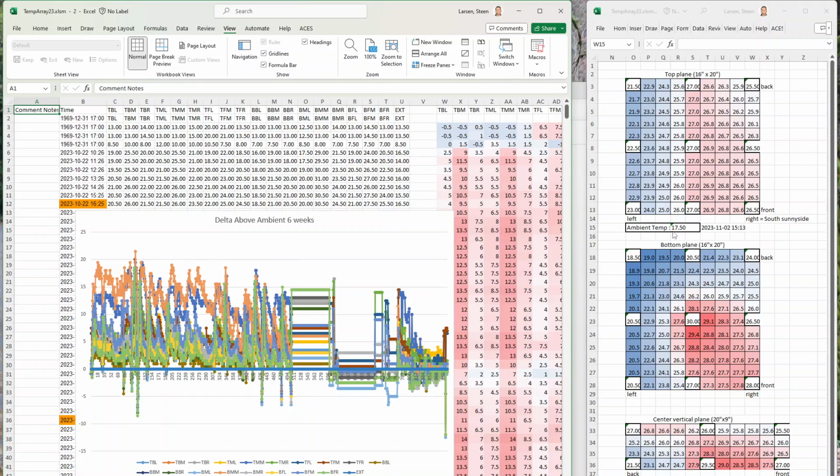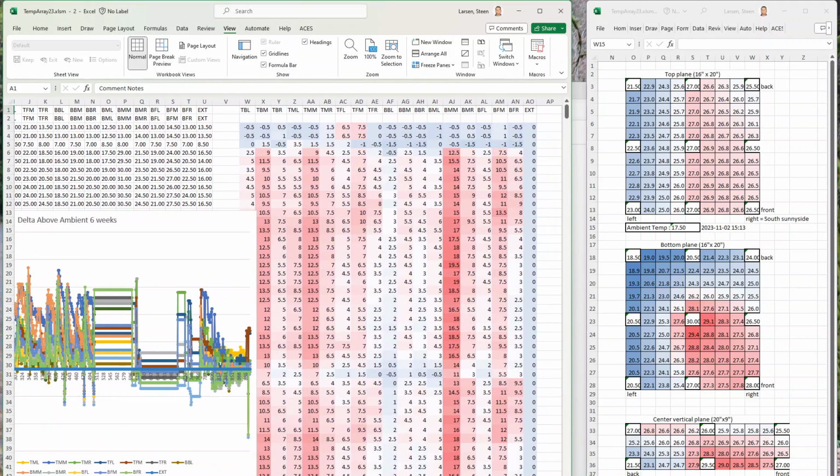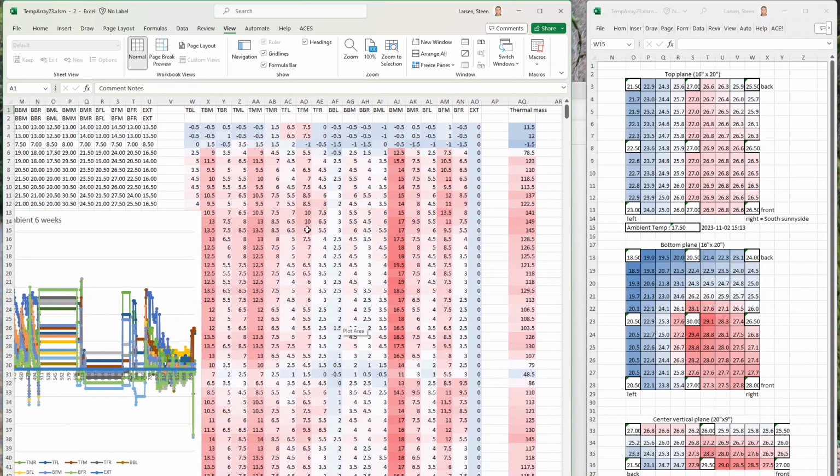Also showing ambient temperature. This is about 6 inches outside of the hive, so hopefully it's a single representative of the entire ambient, and the timestamp. I've done some basic coloring, so you can see that it's interesting that the bottom middle sensor seems a bit warmer relative to the others.